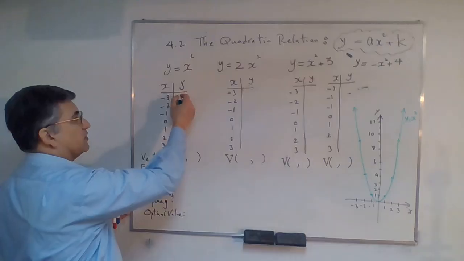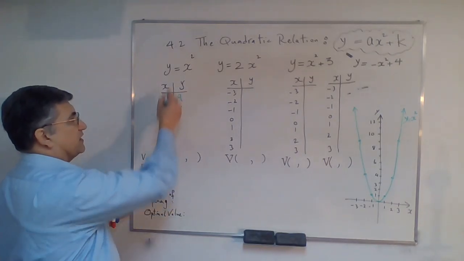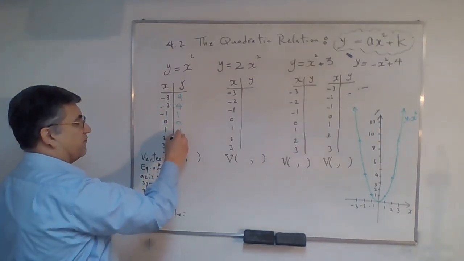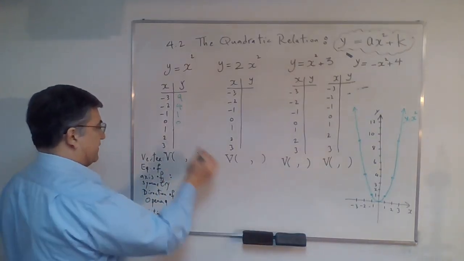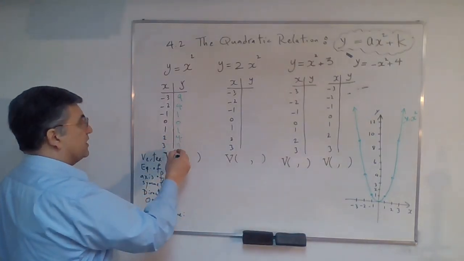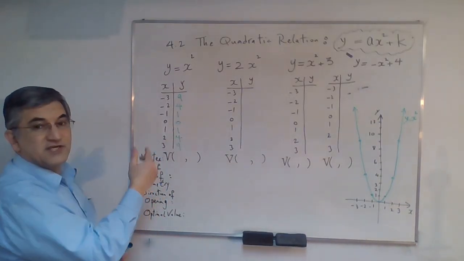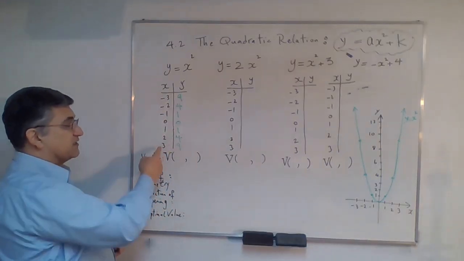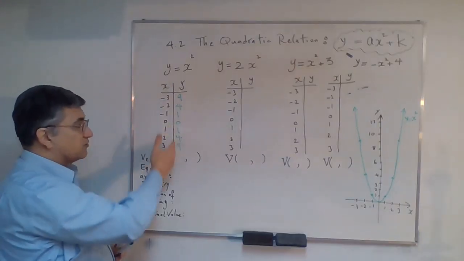So -3 squared is 9, -2 squared is 4, -1 squared is 1, 0, then 1, 4, and 9. These are the y coordinates of the points that we calculate after we select arbitrary values for x. By substituting for x, we calculate the values of y.